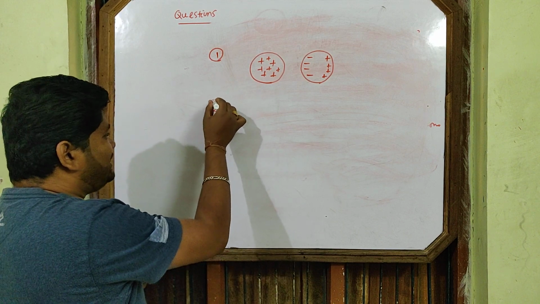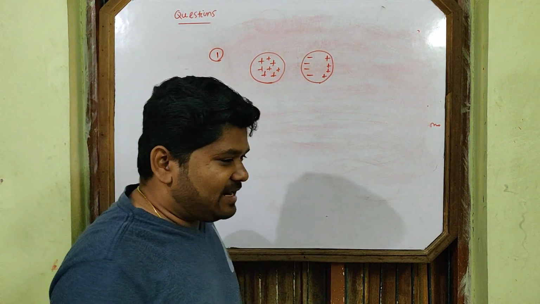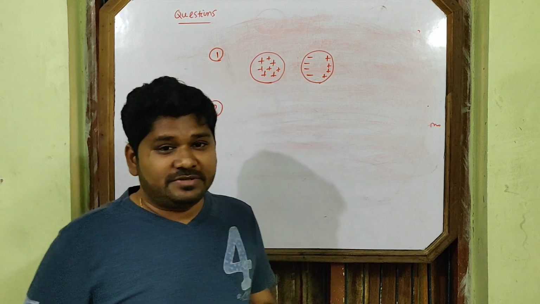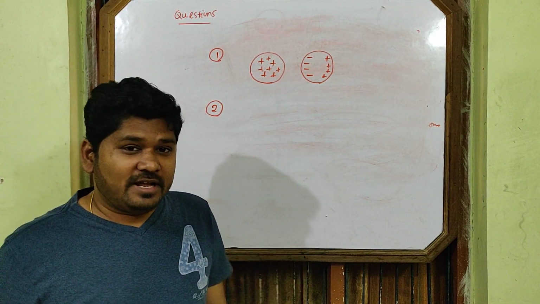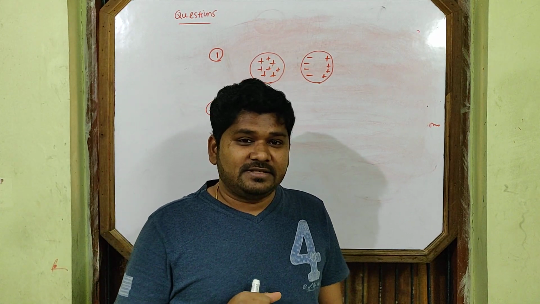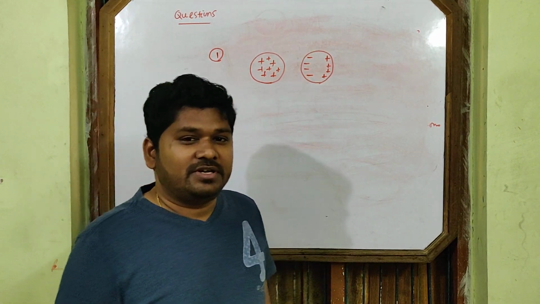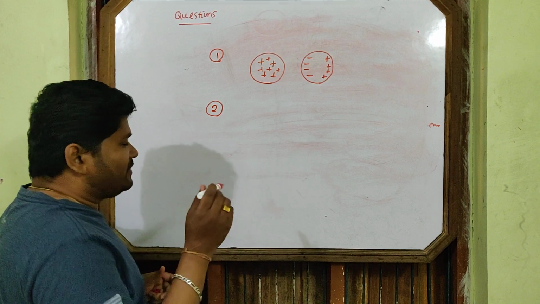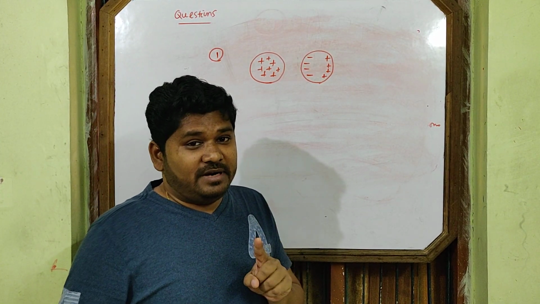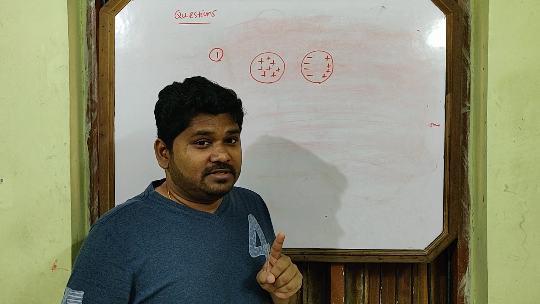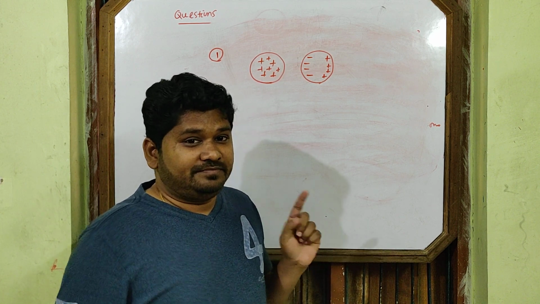Can two like charges attract each other? Two like charges generally repel each other, you know, from lower classes. But can two like charges attract each other? Yes, they can. How? That is only possible if the charge of one body is very large compared to the charge of the other body.